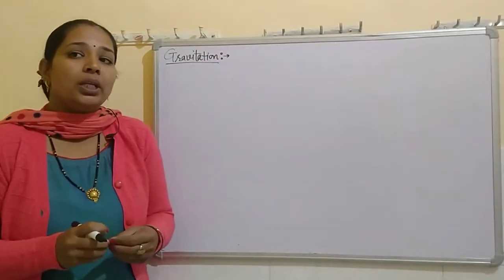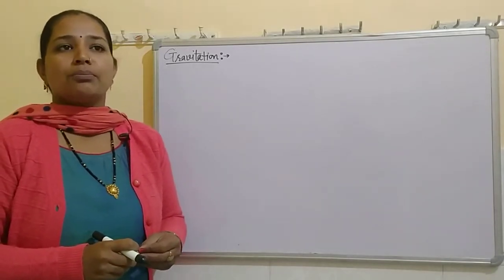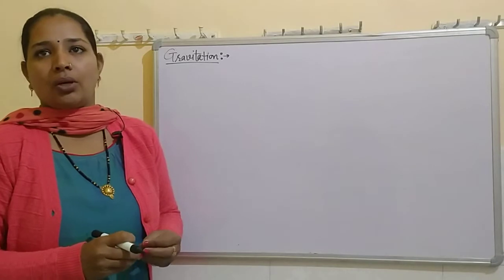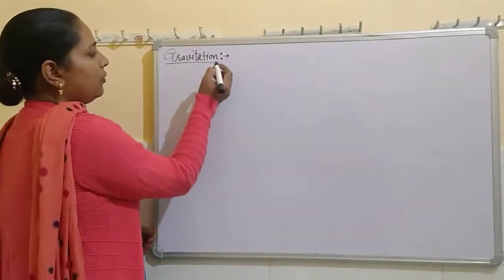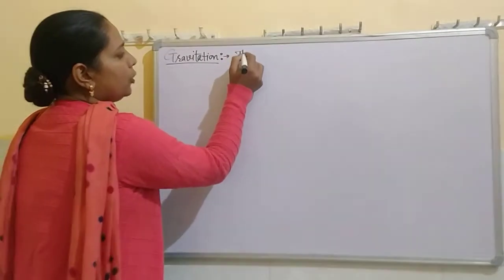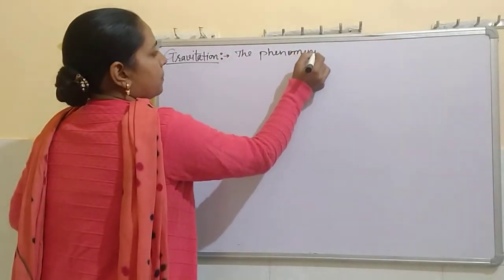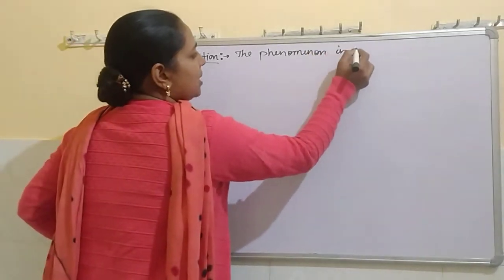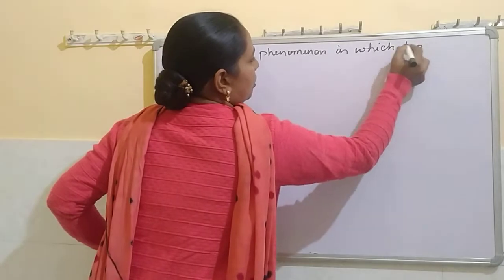ग्रेविटेशन एक फिनोमिना का नाम है जिसमें कोई भी दो बॉडीज जिनके पास मास होता है वो एक दूसरे को अट्रैक्ट करती हैं. So how we can define gravitation? The phenomenon in which two massive bodies attract each other.